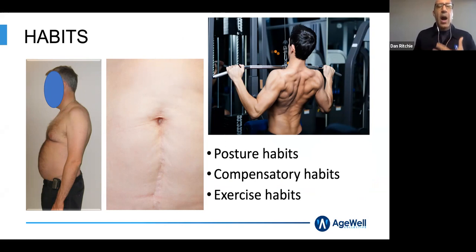Many of us have had abdominal surgeries where they've maybe gone through, whether it be laparoscopic with 3 small dots, or maybe a traditional type of surgery like you see here, maybe for appendix or GI surgery, or C-sections, or other type of internal procedures, even open heart surgery, for example. All these surgeries create compensatory habits because of pain. Anytime you have surgery, you're going to have pain. Some people have significant pain. You will compensate for that.